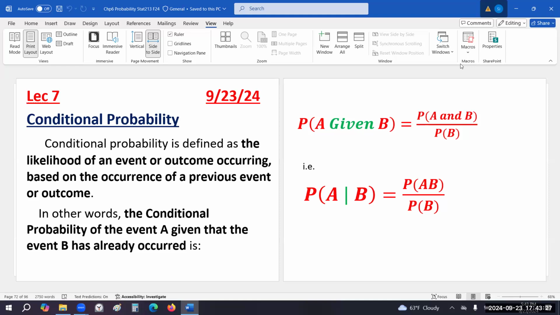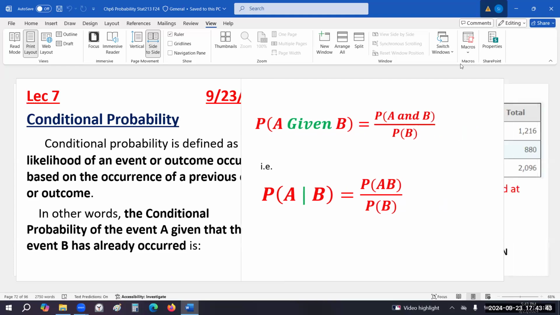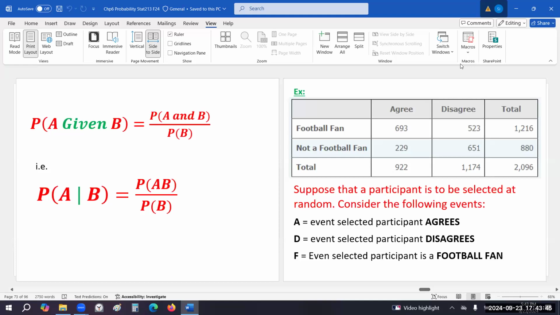This equation actually has another format, and we call it Bayes' law, but we're not going to talk about Bayes' law in this class. In this class, if you use only this one equation, you'll be fine. When two events are somehow related, one is dependent on the other, we use conditional probability.